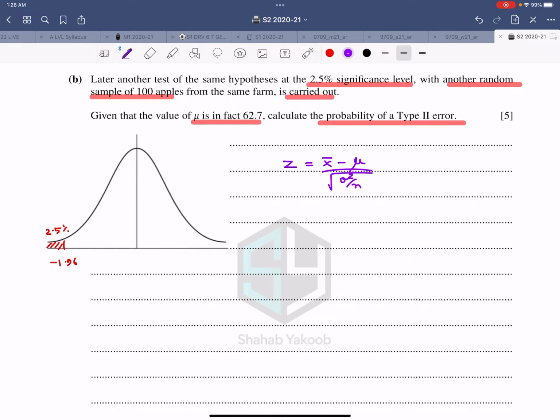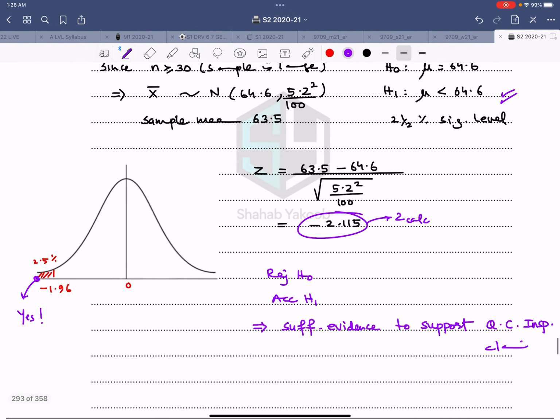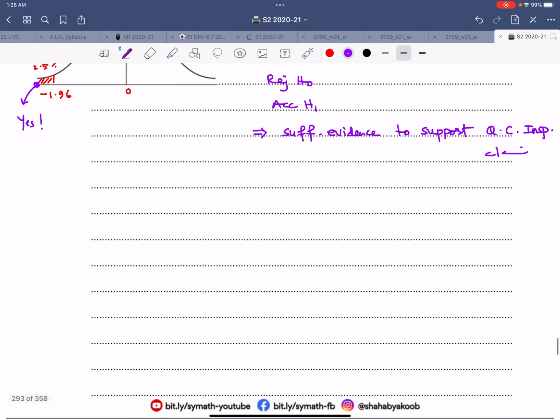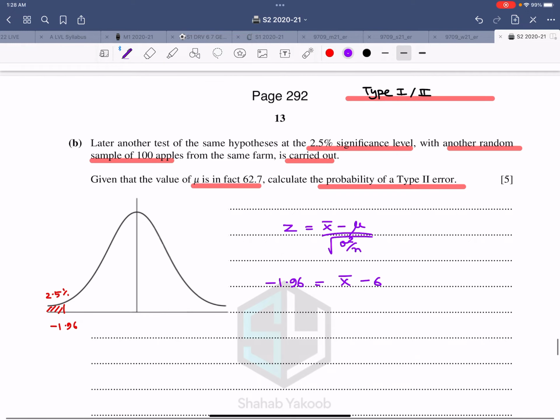Z is negative 1.96, x bar is the boundary condition. This is the previous value, which is 64.6, divided by the square root of 5.2 squared over 100.